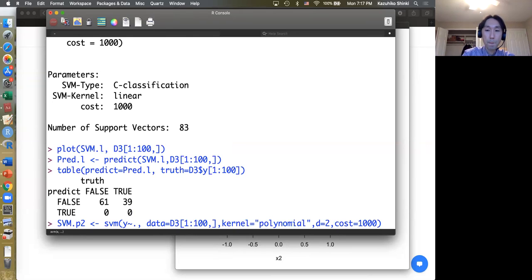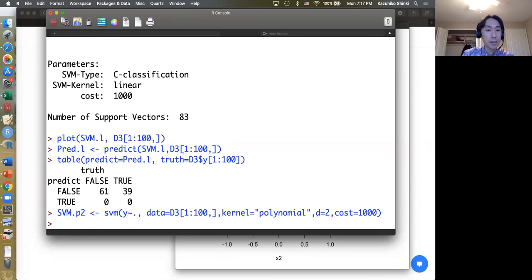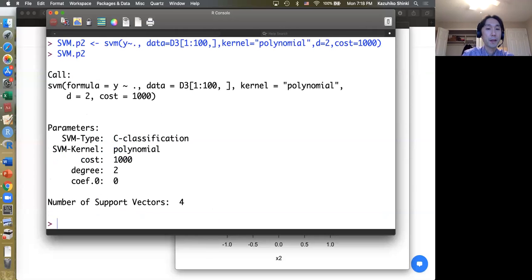So this is SVM-P2. Now we see that we only have 4 support vectors. This is pretty good. Polynomial with d equal to 2 has several terms: the constant term, the term of x and term of y, the terms of x square, y square, and xy.